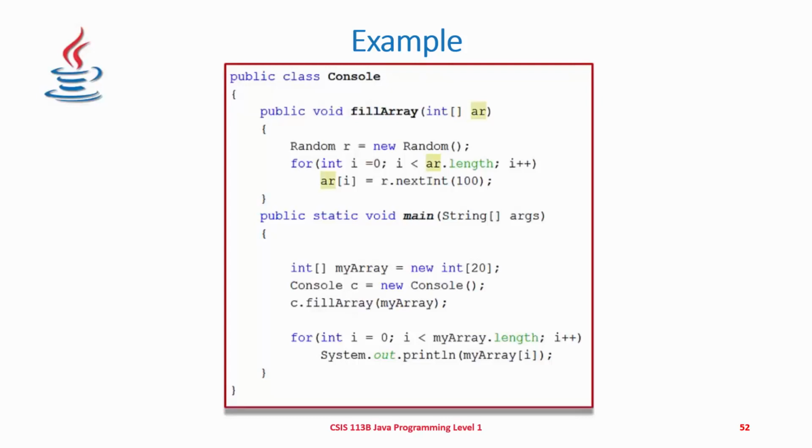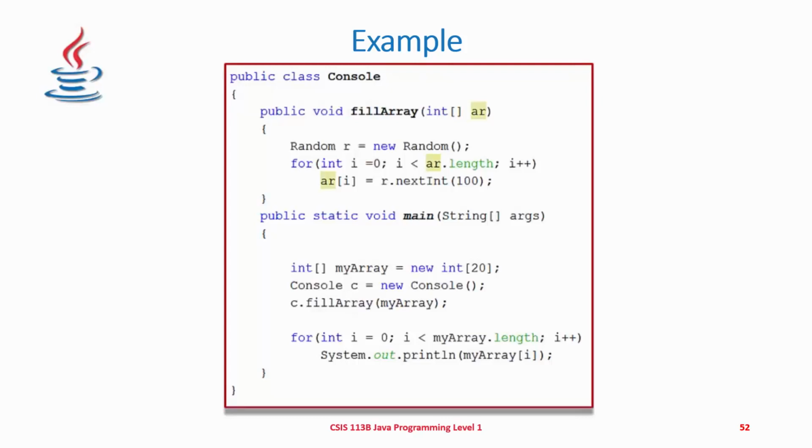We can see that we've got this custom method called fillArray, and it's going to take in an array. It generates a new random object, r, and then in the for loop, we use r to generate a random number and assign it into the array that was passed into this custom method.